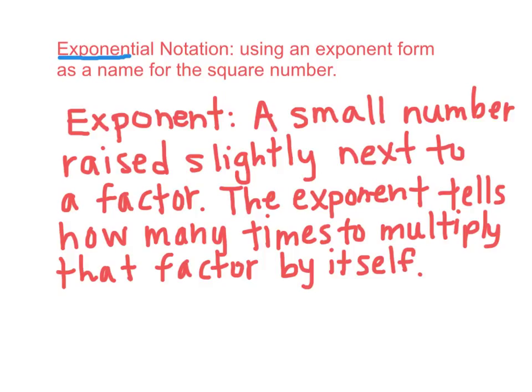So, exponential notation is basically using an exponent form as a name for the square number. Like we've drawn pictures and we've written numbers, this is another way to write its name.